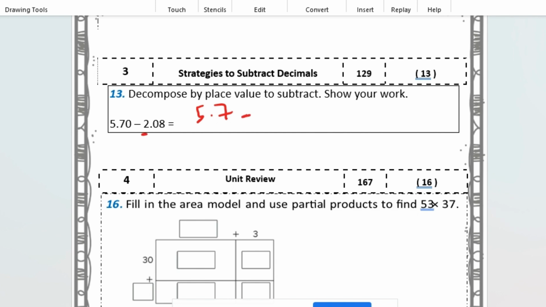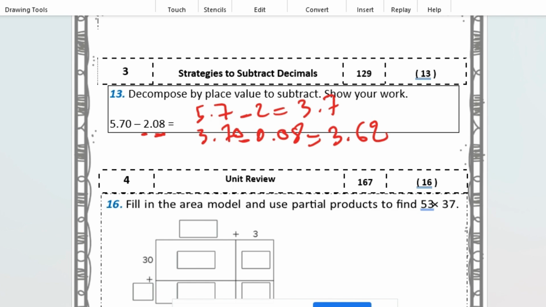So 5.7 minus 2 will give us 3.7. Now 3.7 minus 0.08, because this is 8 out of 100, or 8 hundredths. This will be 3.62, because this is 70, so 70 minus 8 is 62.